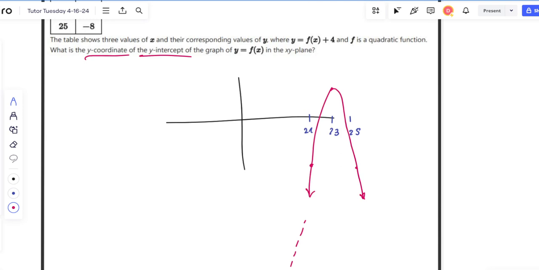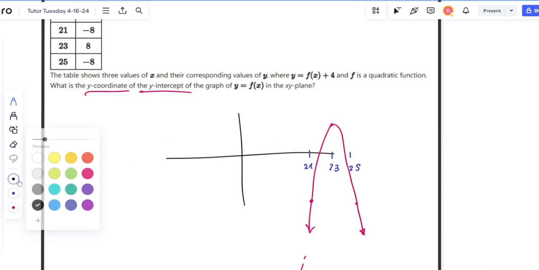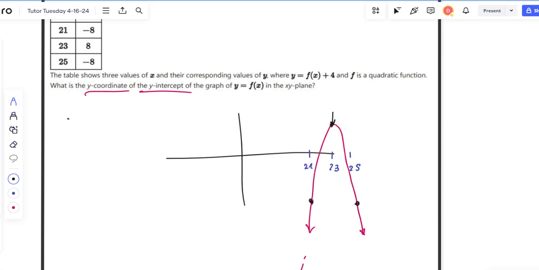We could set up an equation, probably the easiest way, because we have the vertex. The vertex is given at 8 and it's symmetrical around these 2 points. So we could set up an equation like y equals a times (x minus 23) squared plus 8.